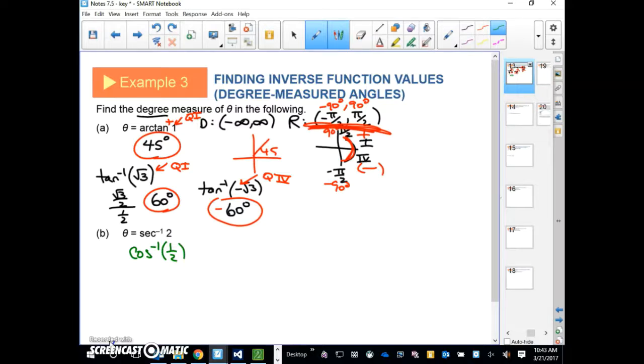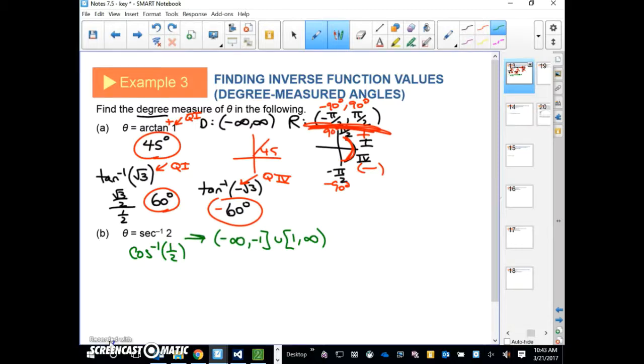And so I'm looking at secant, and what's the domain and the range of inverse secant? The domain is this weird from negative infinity to negative 1 union with 1 to positive infinity. What that means is it can't be between negative 1 and 1, it has to be outside of that.